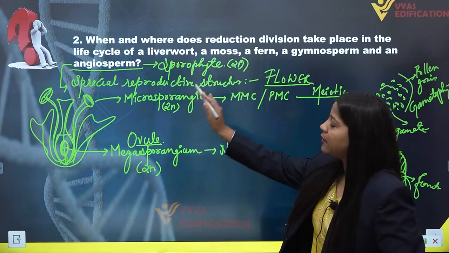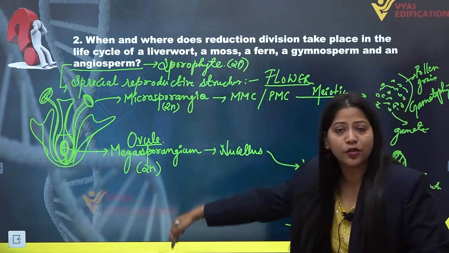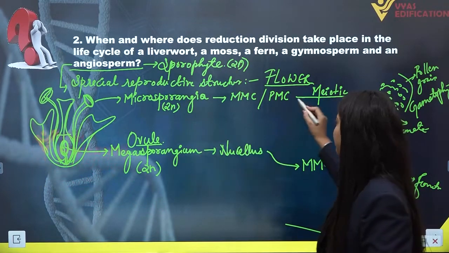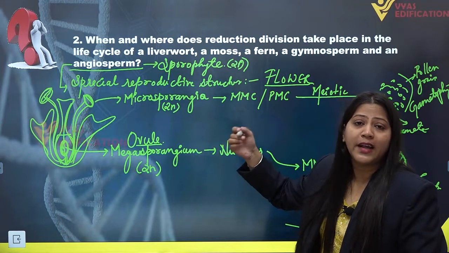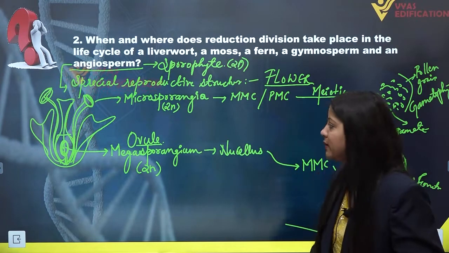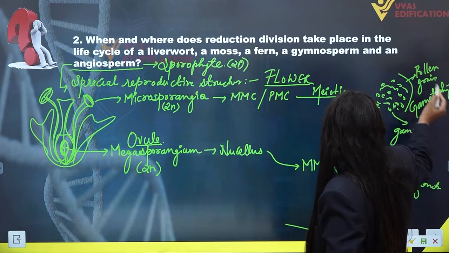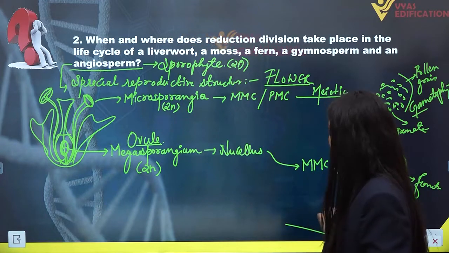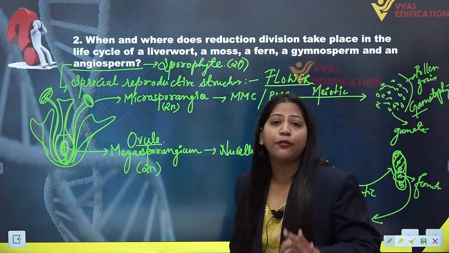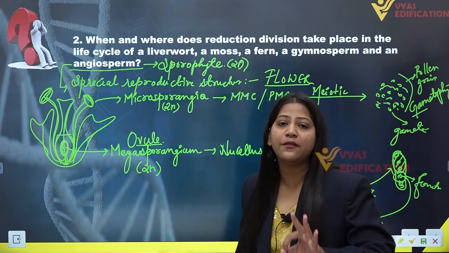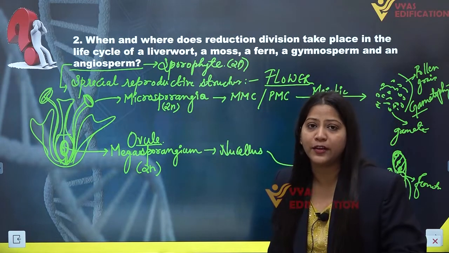So when and where are the reductional divisions taking place in angiosperms? At the time of formation of spores, at the time of formation of male and female gametophyte. So this is a pollen grain which is a male gametophyte and female gametophyte here. At the time of formation of female and male gametophyte, the reductional division takes place in angiosperms.